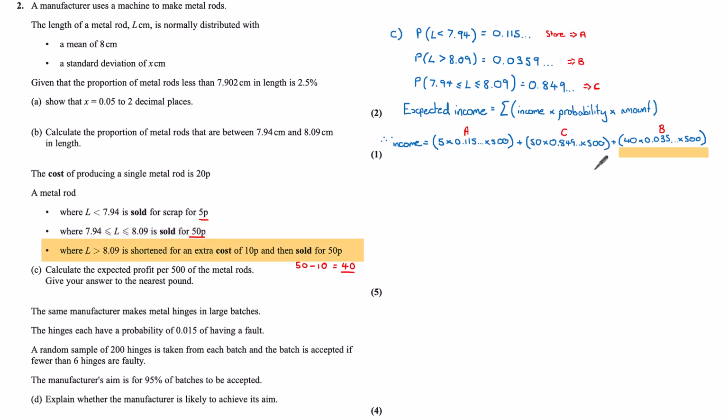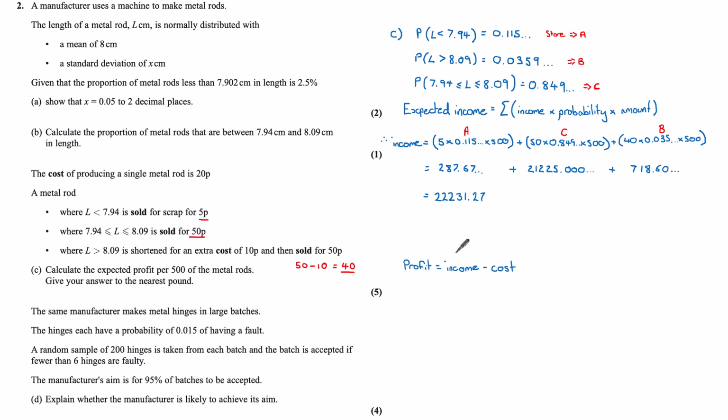And then lastly, we have 40 times 0.035 times 500 for those that are greater than 8.09. We can use the exact values on our calculator to get the following, which gives us an income of 22,231.27. Now I am in pence at the moment.